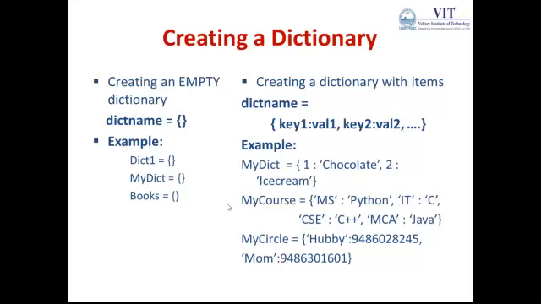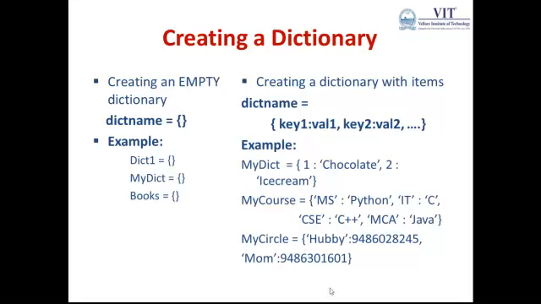Look at some examples of how they are adding the items in the dictionary. Look at the first example. I have a dictionary called my dict, and my keys are 1, 2, 3. Like this, you can add keys, and my values are chocolate, ice cream. So like that, I can add each item into the dictionary.